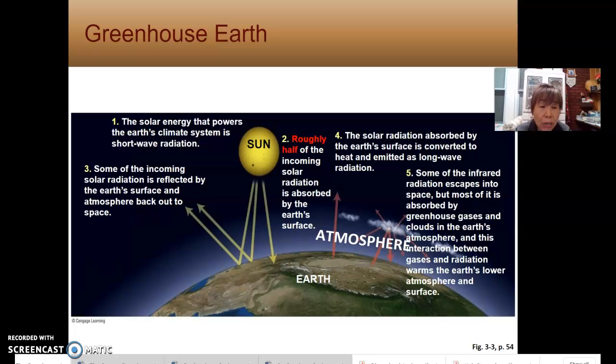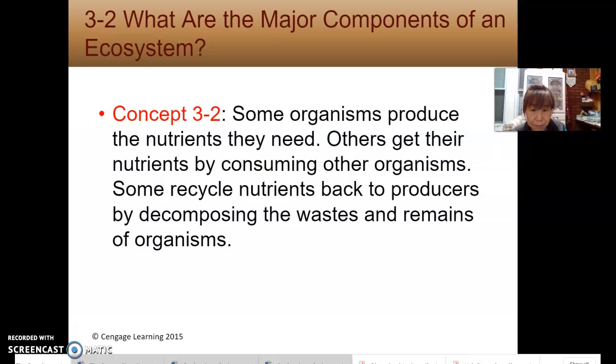The solar radiation absorbed by the Earth's surface is converted to heat and emitted as long wave radiation. Long wave radiation is about heat, infrared. Some of the infrared radiation escapes into space, but most of it is absorbed by greenhouse gases and clouds in the Earth's atmosphere. This interaction between gases and radiation warms the Earth's lower atmosphere and surface. This is called the greenhouse effect.